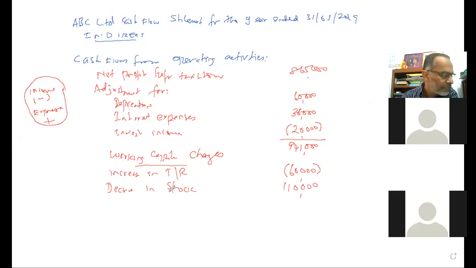Next one. Then we have completed the current assets. We have trade payable item. Trade payable is the liability item. Again, the trade payable also decreased by 150,000, isn't it?